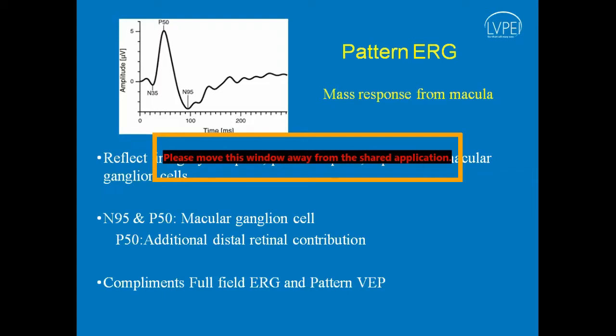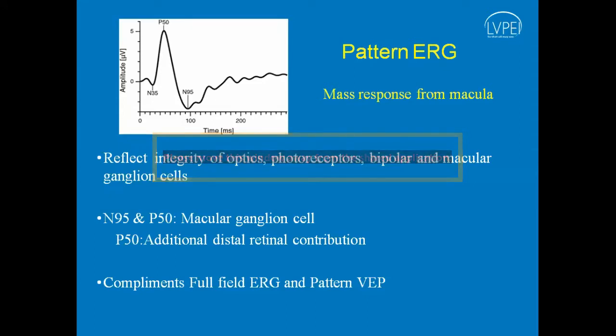So visual evoked potential we always interpret along with macular or retinal function. Pattern ERG is important to rule out a macular pathology, and also in localizing the pathology, whether purely to the optic nerve, to the macular ganglion cells, or both.